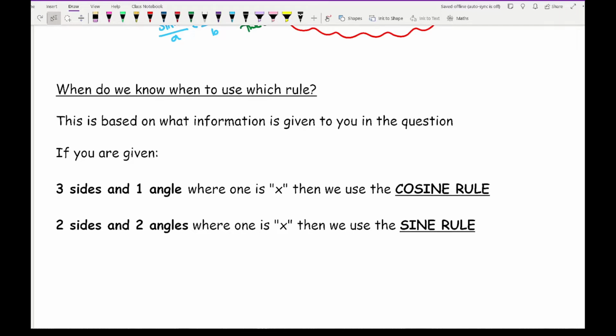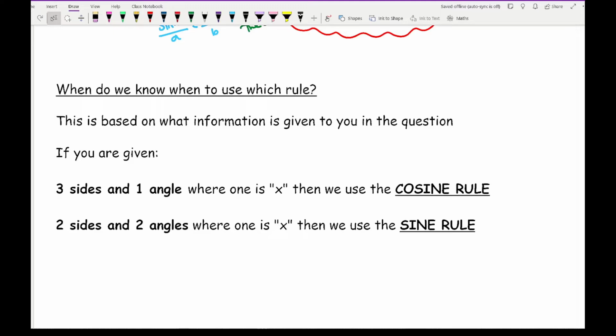What you've got to do is apply a bit of common sense. It all really depends on what information you have been given in the question, and you'll only ever be given one or the other. Otherwise, it doesn't really matter which rule you use. You can always then find out what x is, or what it is you're actually trying to find.